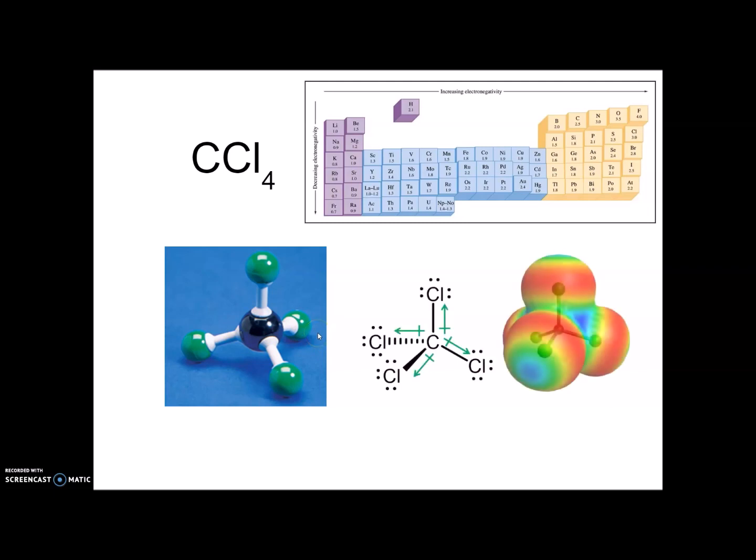So if chlorine is the more electronegative atom, we can indicate the bond dipoles with the arrows pointing away from the carbon and towards the chlorine. We could also draw an electrostatic potential map showing chlorine having a high level of electron density and the carbon showing bluish or lower levels of electron density.